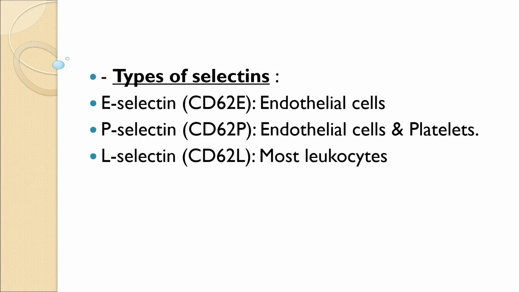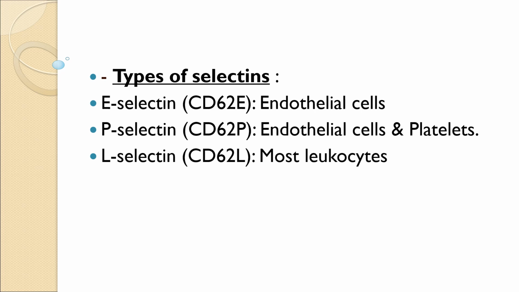We have three types of selectins. We have what is called E-selectin, CD62E, and this type of selectin is present on the endothelial cells.